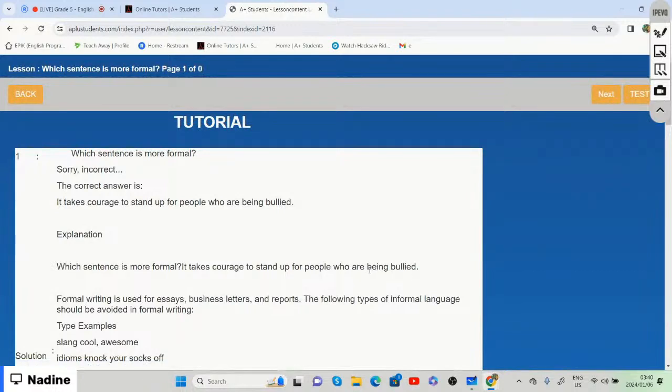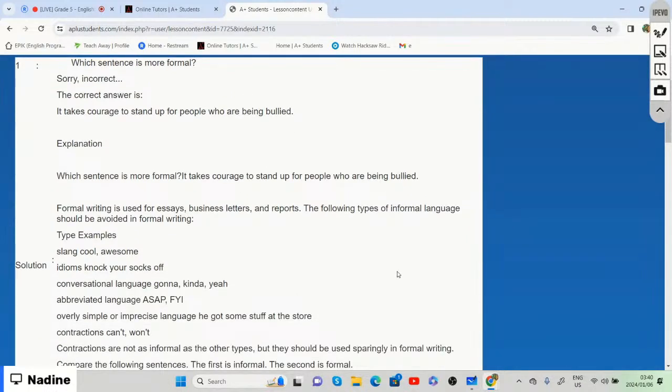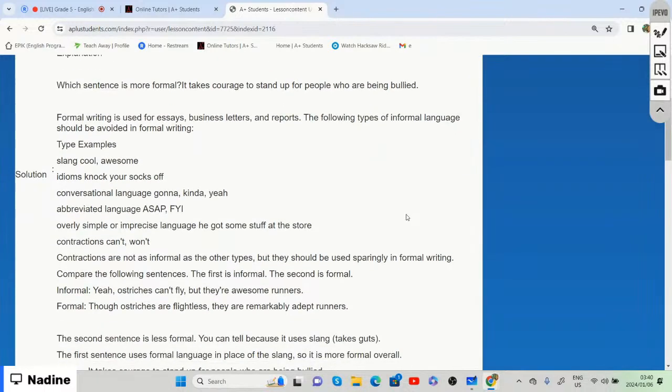All right, so now we're going to have to say which sentence is more formal. Formal writing is used within essays, business letters, as well as reports, right? And the following types of informal language should be avoided in formal writing. Remember, how you speak to your friends is totally different to how you write an essay.